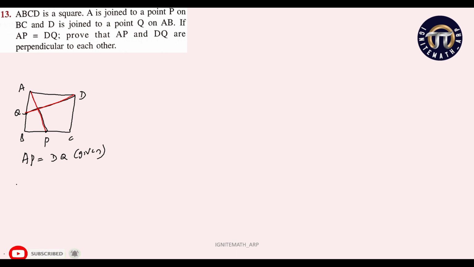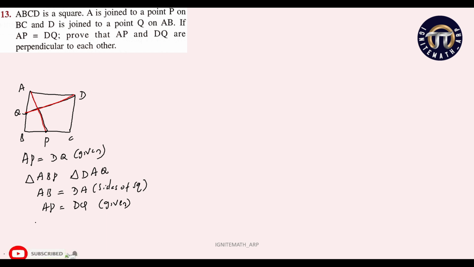So now what do I do? Listen to me very carefully. I will take triangle ABP and triangle DAQ. So AB is equal to DA, sides of a square. Then I can say that AP is equal to DQ, given in the question.